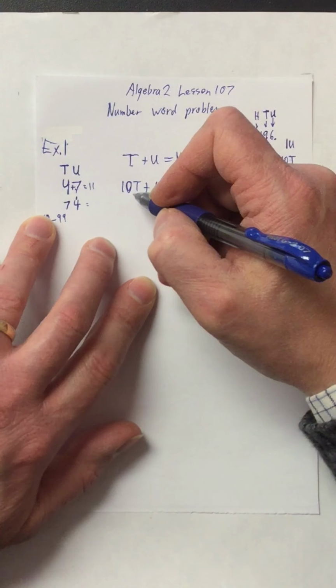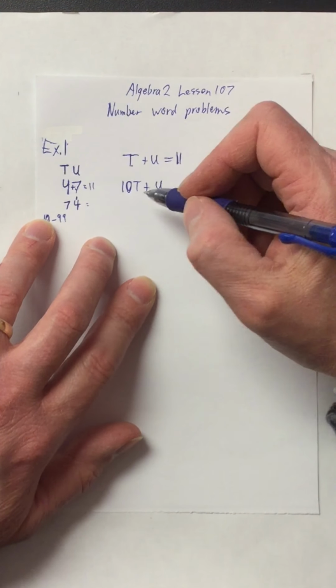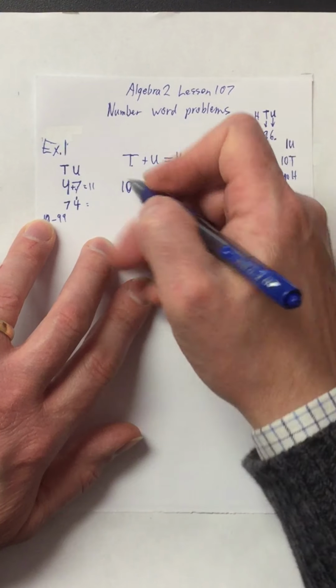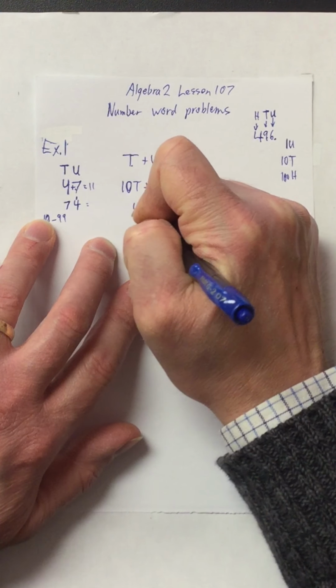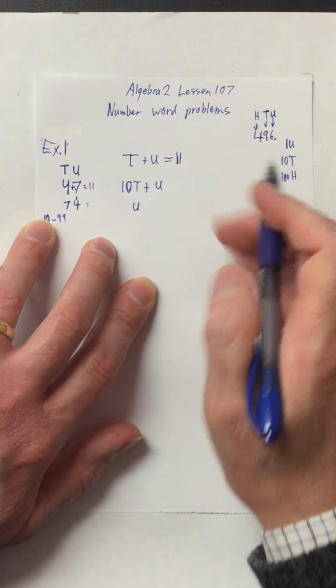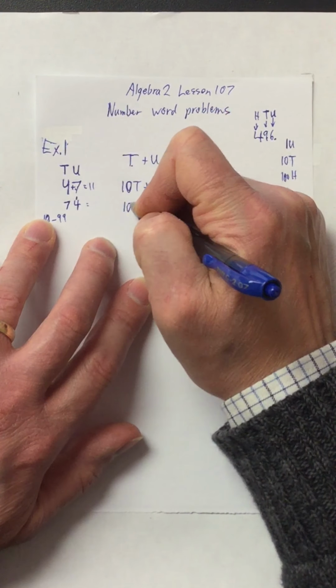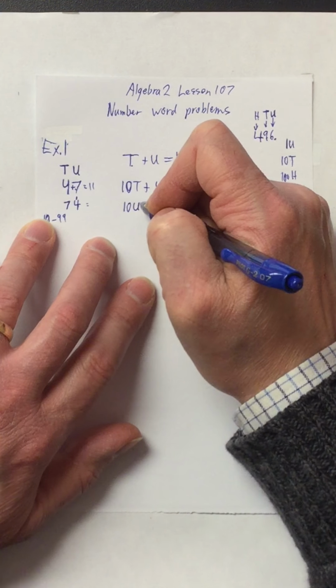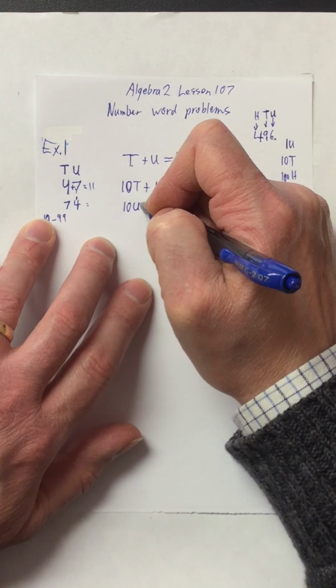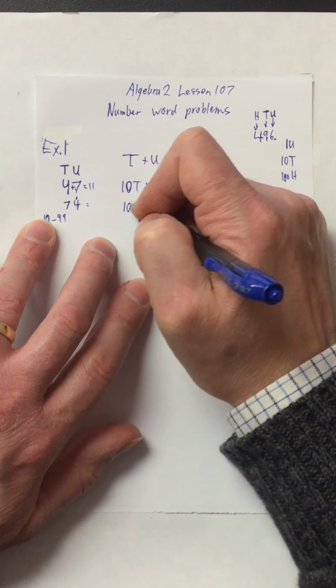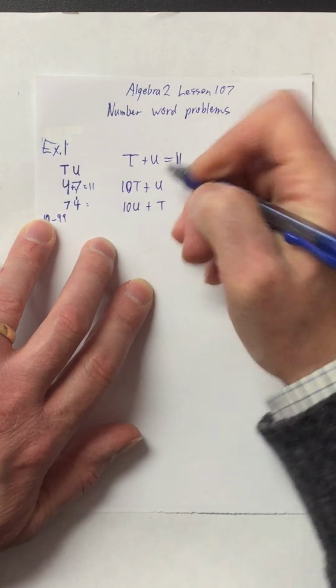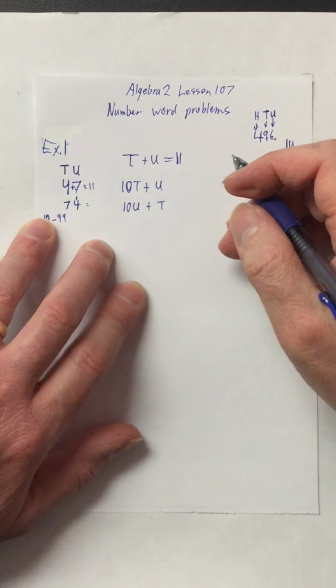How do you write that inside our equation? We want to reverse the digits. We're going to put the u here, and instead of that having a value of 1, we're putting the u into the 10 spot. It's still got to stay u as far as the variable, because the variable doesn't change. But we're switching the places of the t and the u.